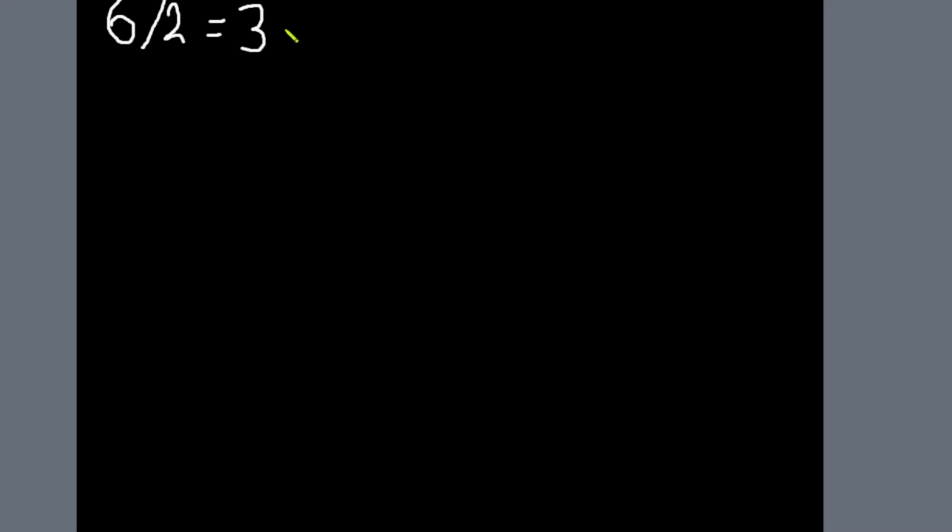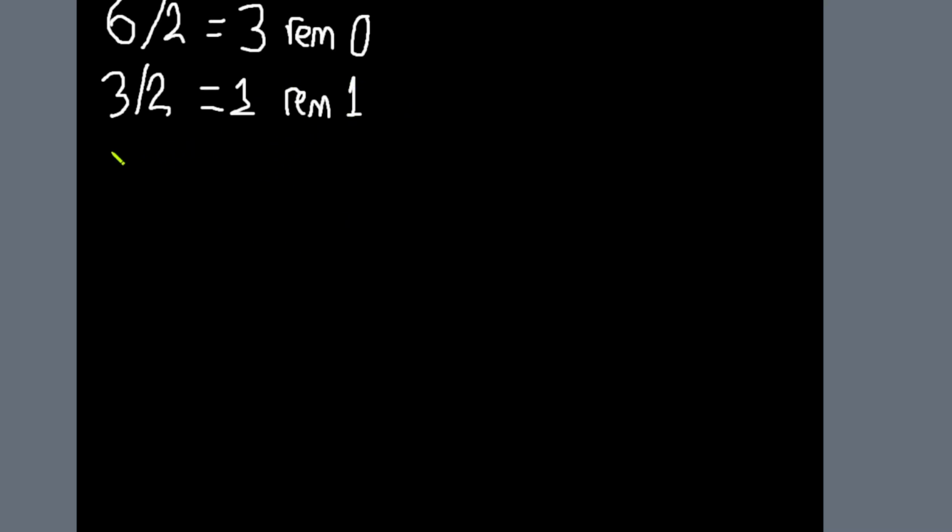There's no remainder, so we're just going to have a remainder of none. Then, if we divide 3 by 2, it's going to be 1 remainder 1, because 3 divided by 2 don't go into each other evenly. The closest one is 2 times 1, remainder 1.